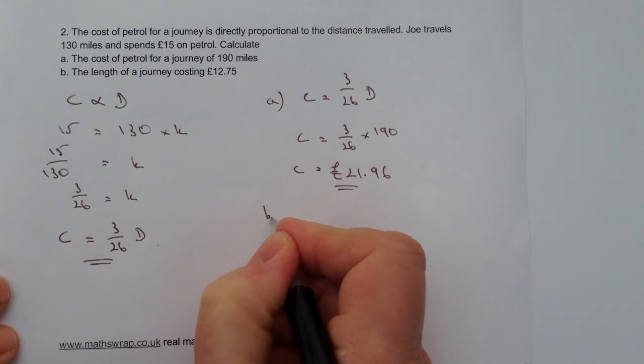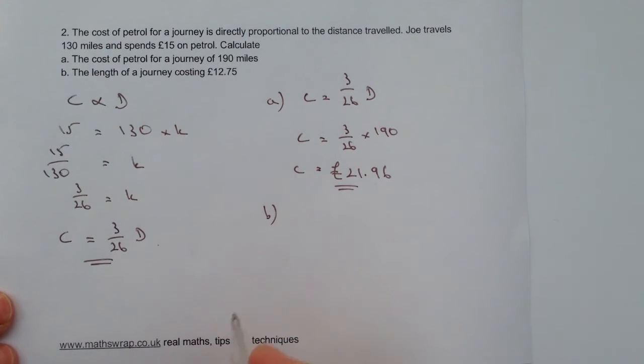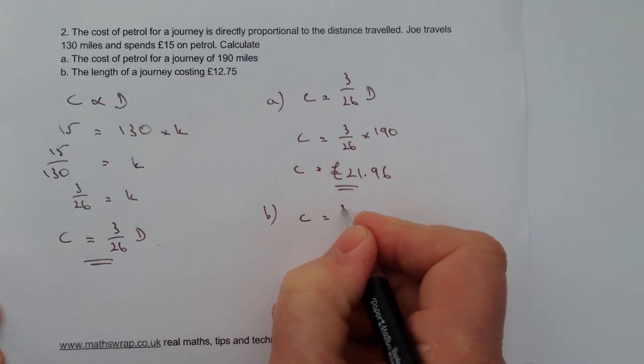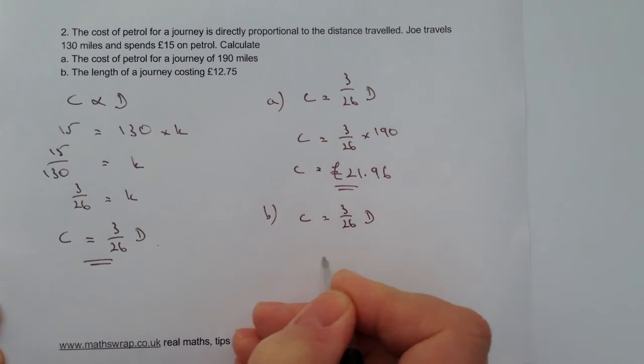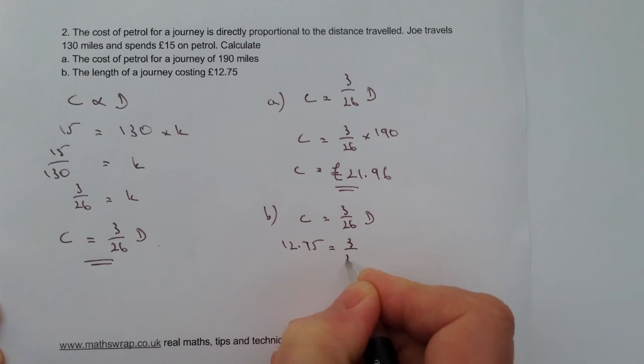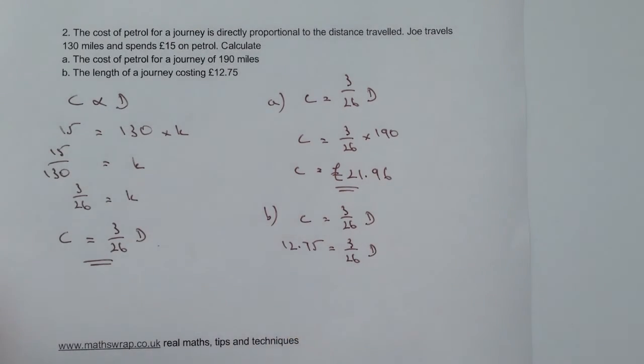And part B, again, exactly the same. We're told that the cost of the journey is £12.75, so C equals 3 over 26 D, and we've got £12.75 equals 3 over 26 D. If you fiddle around with a calculator, or if you divide through by 3 over 26, remember that when you divide by a fraction, what you're actually doing is multiplying if you flip it over.